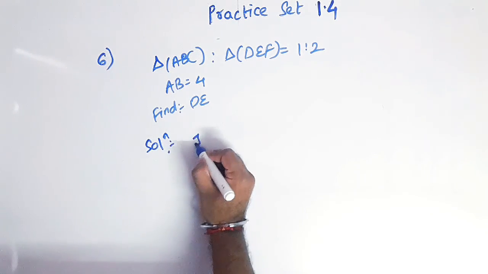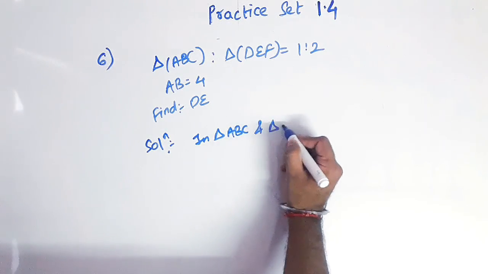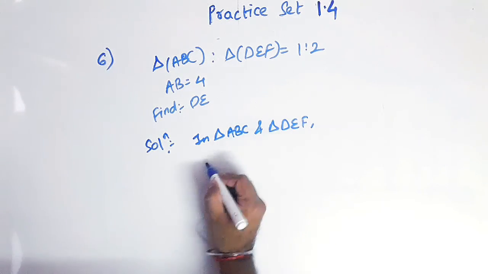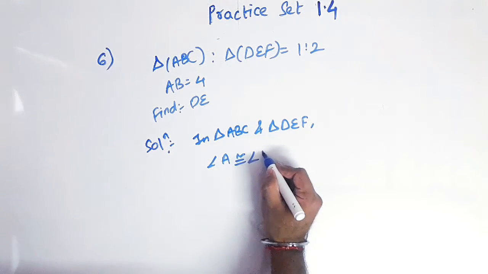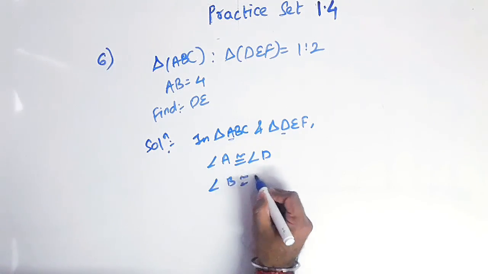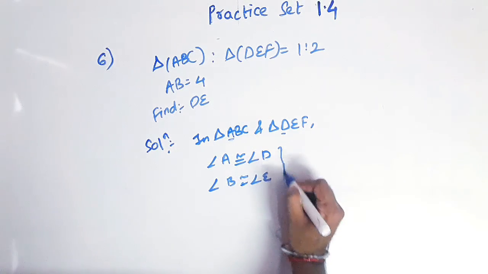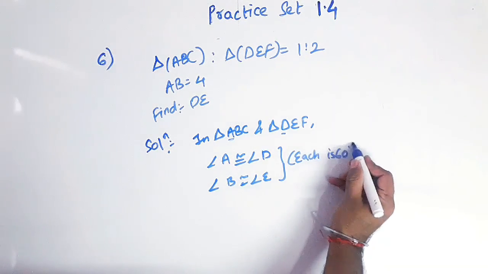We have to first prove that these two triangles are similar. So I'll write angle A congruent to angle D, and angle B congruent to angle E. Why? Because each is 60 degrees.